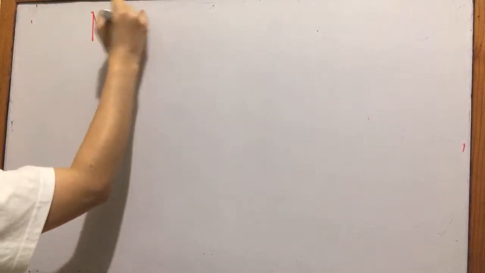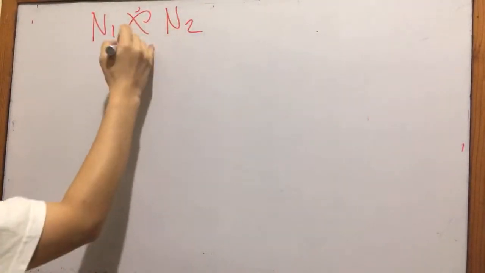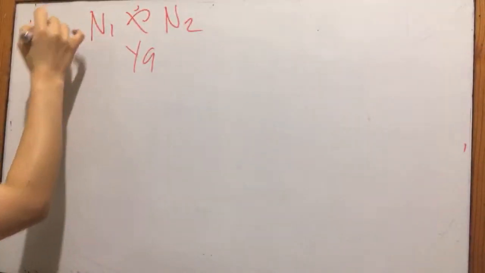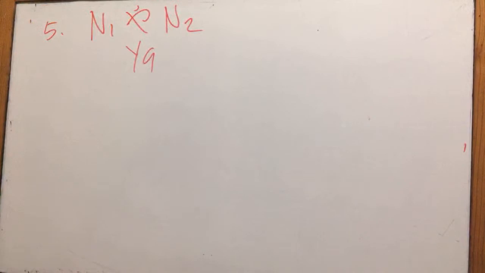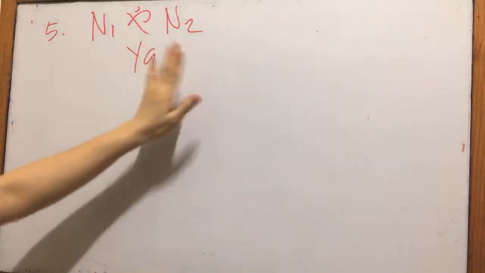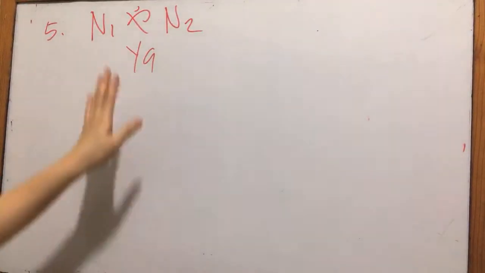Next is we will use ya. Do you remember ya in our vocabulary? This is our fifth. Nouns, noun 1, noun 2, are connected in coordinate relation by the particle ya.